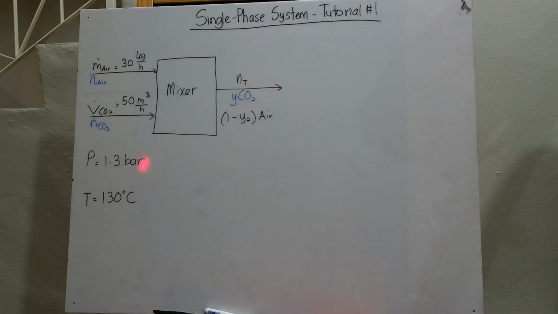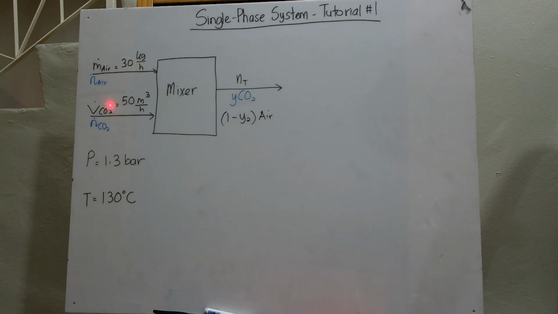After we get the question, the first step is we draw the process flow diagram for us to understand the question better. Okay, so we have a mixer and then we have two feed streams. We have one stream of feed which is air, with the mass flow rate 30 kg per hour.